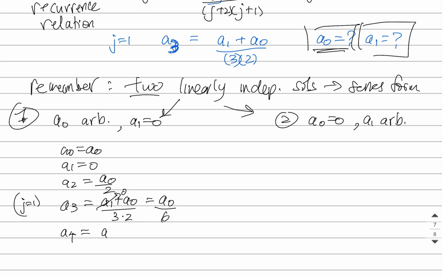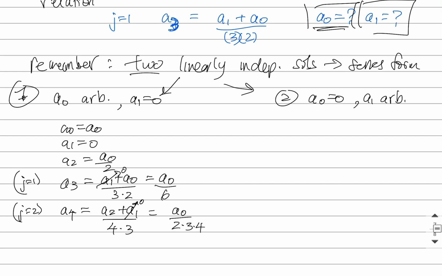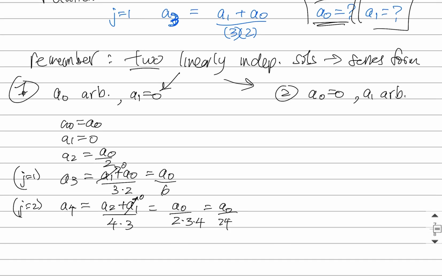a4 is going to be a2 plus a1. Well, that's 0. And this is for j equal to 2. So that's going to be over 4 times 3. But a2 was a0 over 2. And then that's going to give us another 3 times 4 on the bottom. So this is going to be a0 over 24.